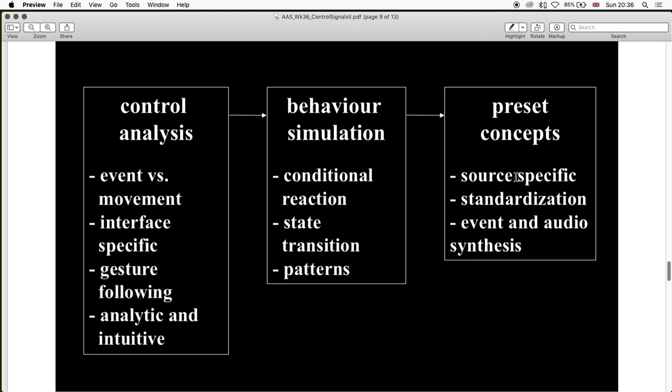Now, I'll talk about the preset concept, because these are typically source specific, in the sense of being sound source specific. So this is where the audio comes. And typically a preset, a way that the parameters are being controlled, is again specific to your synth, specific to your output stage.